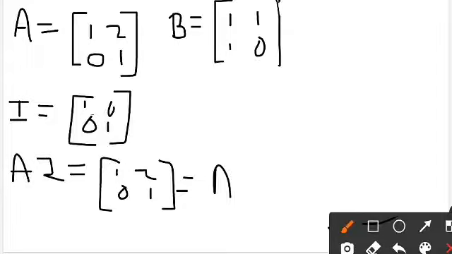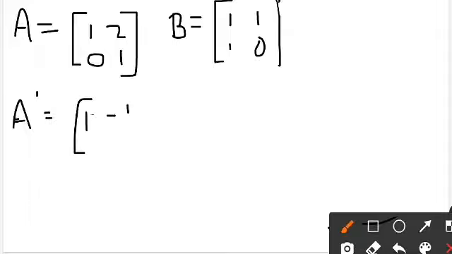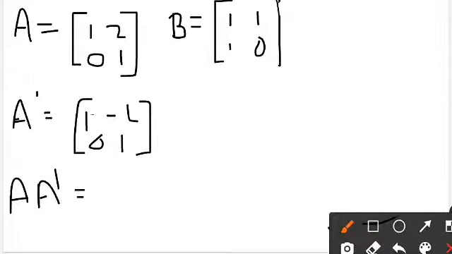Now we have to check for the inverse element, that is, what is the inverse element here. Let's take matrix A as [1, 2; 0, 1], and let's consider matrix A dash as [1, -2; 0, 1]. Now let's multiply A and A dash. Let's see what we will get.